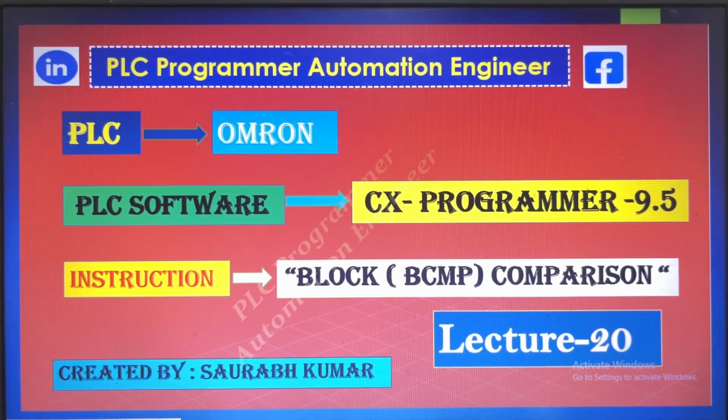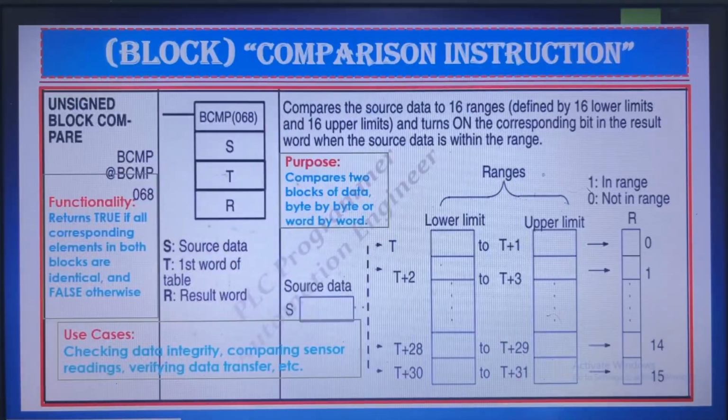Lecture number 20. Block comparison, function code 068, compares a block of data, byte by byte or word by word. The result is true when the source data value is between the lower and upper limits, the midway range, and the result bit goes on.